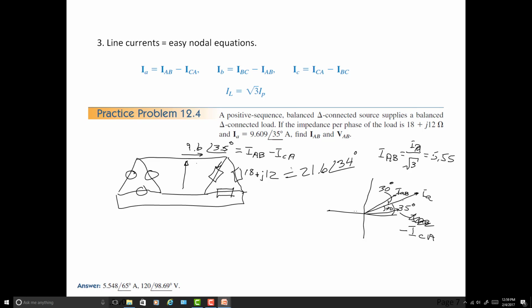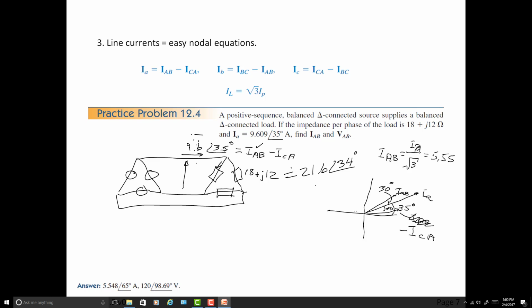So I know if this angle is 35 and I'm 30 degrees off in my positive element to it, right? Where am I at here? This guy is going to be positive.